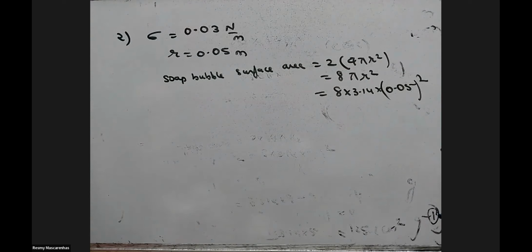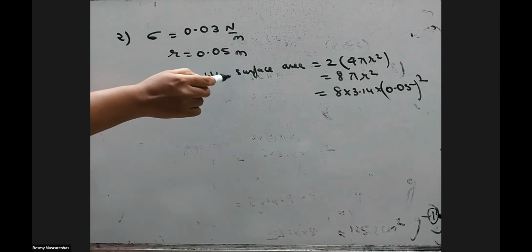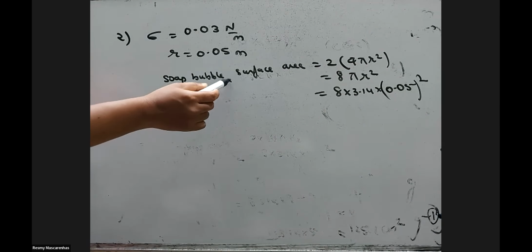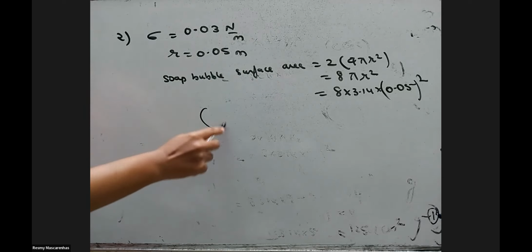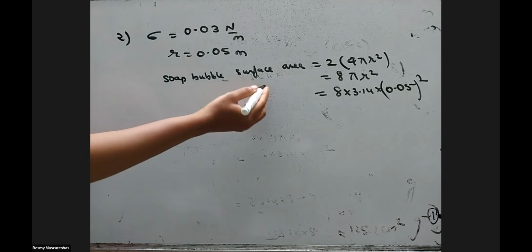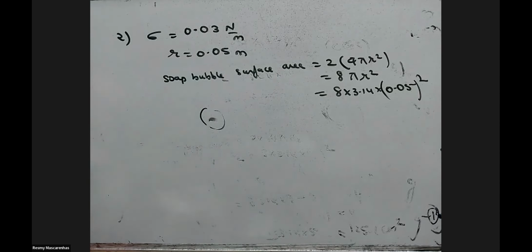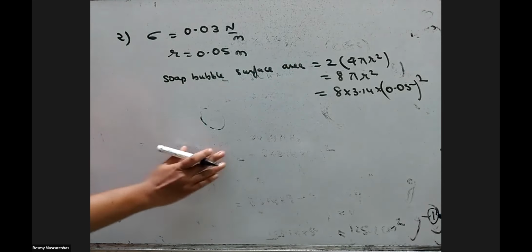Now, work done. Now it starts from 0 because we are just making the soap bubble now. So even if you do the final and the initial also, it's like starting from 0 to this. So no other change is there.